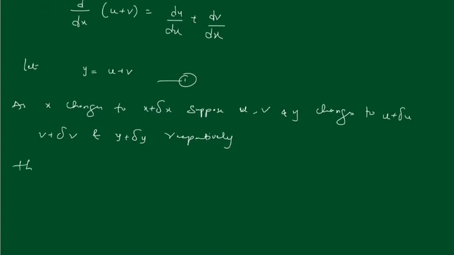So therefore, just substitute here, y plus delta y equals u plus delta u plus v plus delta v, take it as equation 2.